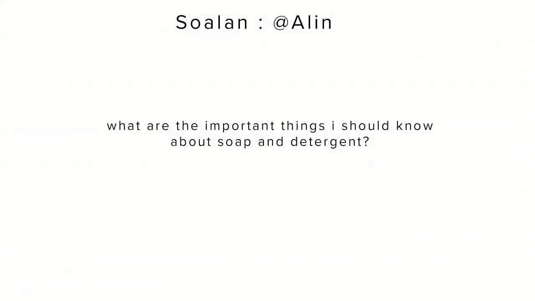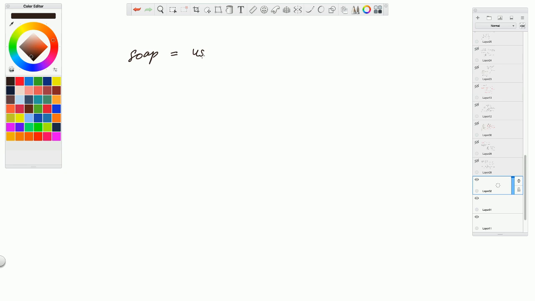Okay. What important thing should I know about soap and detergent? Soap is made from fat and alkali.